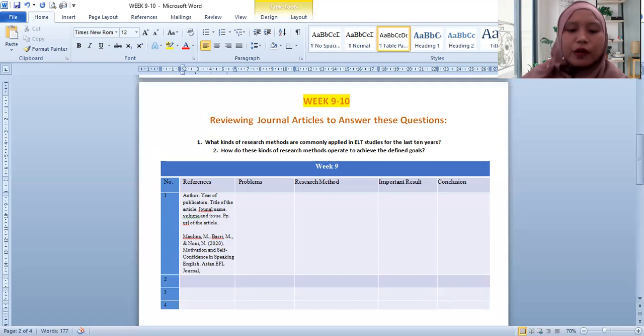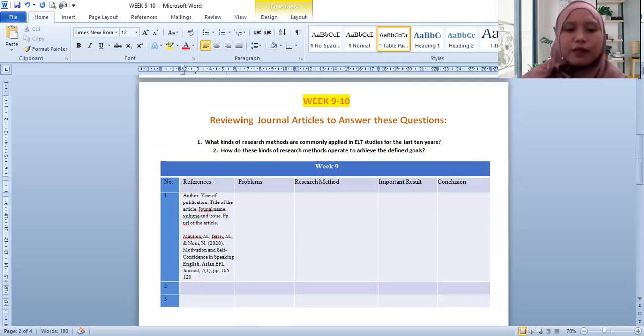The volume, for instance, volume 7, issue 3. Okay, and the pages, because it is not a one-page article but has more than one page. So the pages are, for example, 105 to 120.